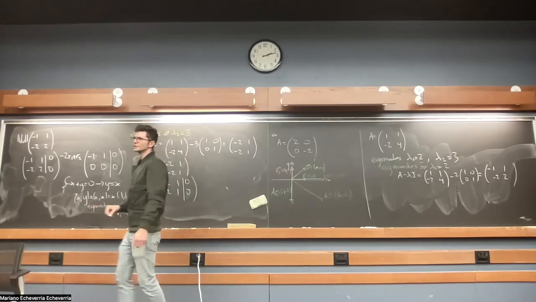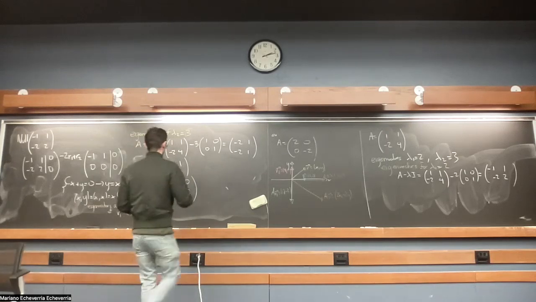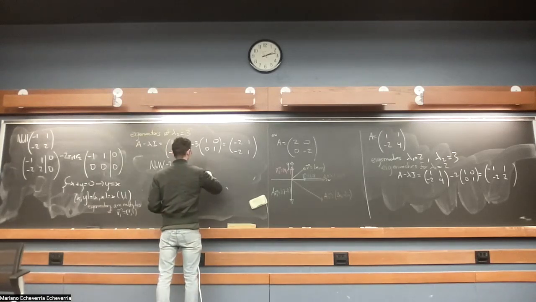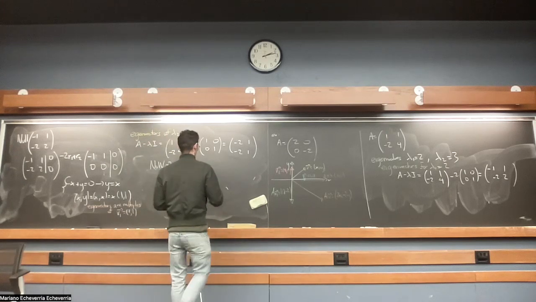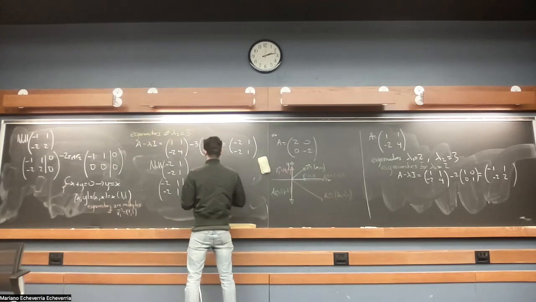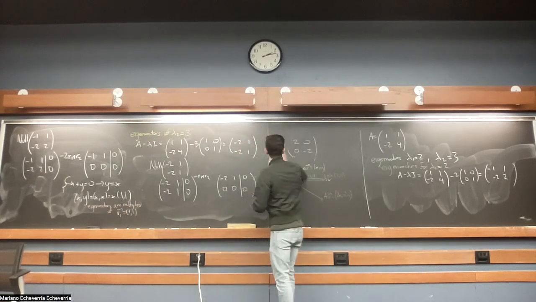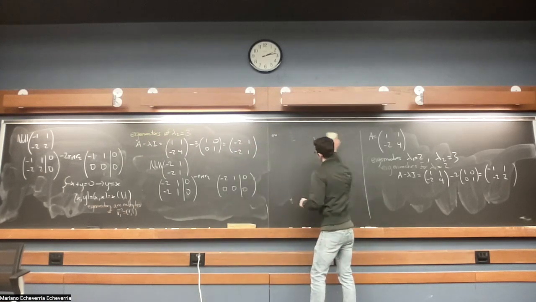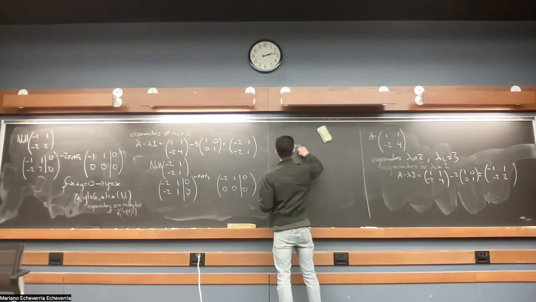Again, the rows are the same in this case, so you can do minus row 1 plus row 2. What you end up with is minus 2x plus y equals 0, so y equals 2x.